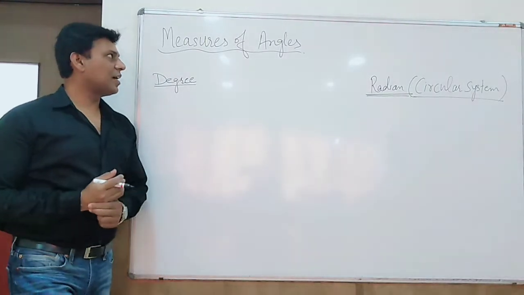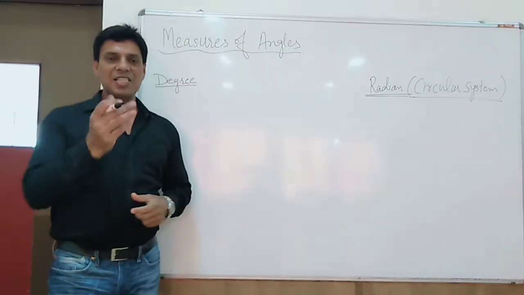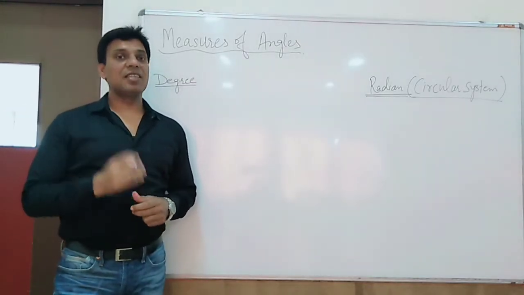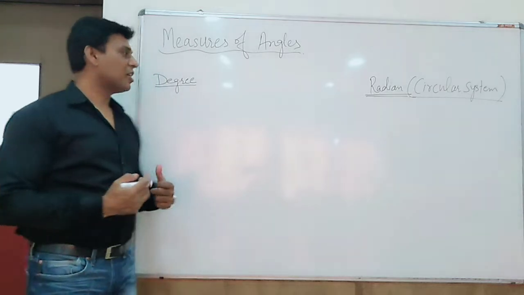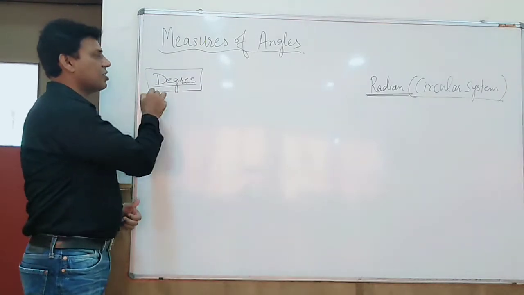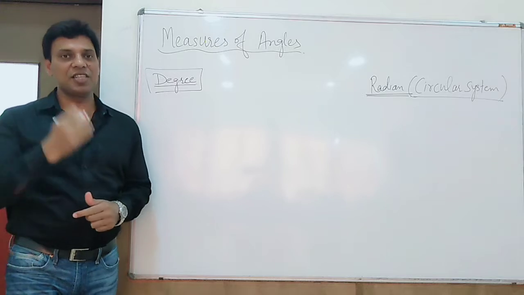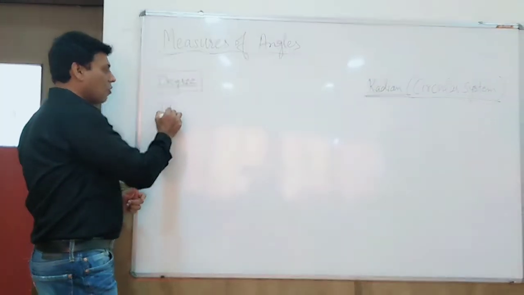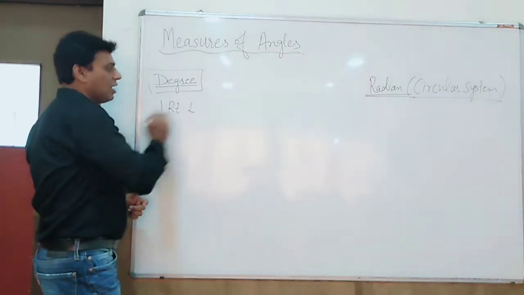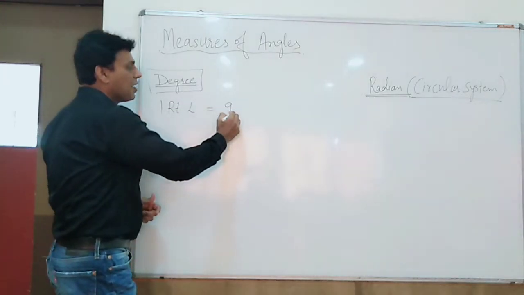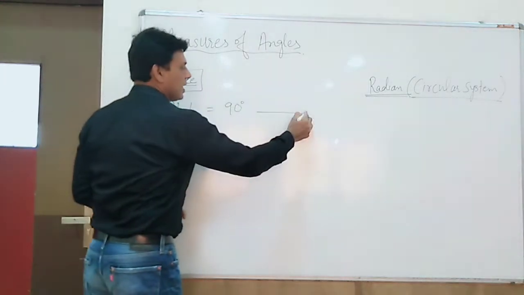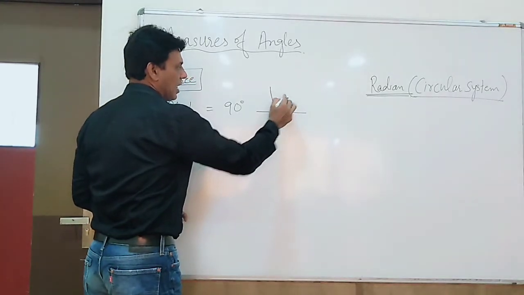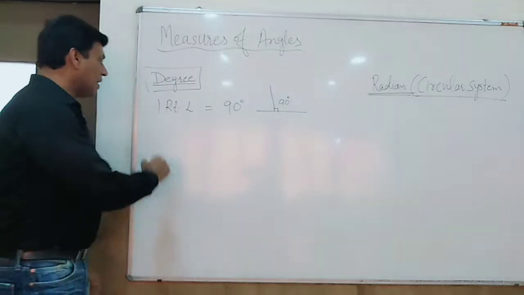Now we will understand how to measure angle. As you know, in previous classes you were measuring angle in degrees, like 30 degree, 45 degree, 60 degree. That was the degree system. How can we define the degree system? In the degree system, one right angle was 90 degree.